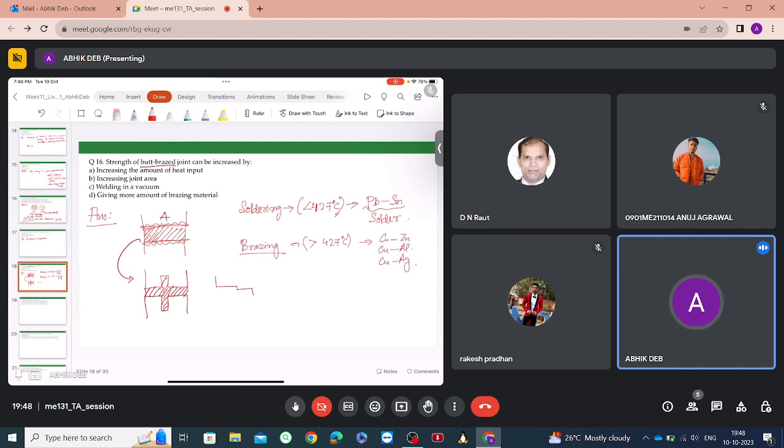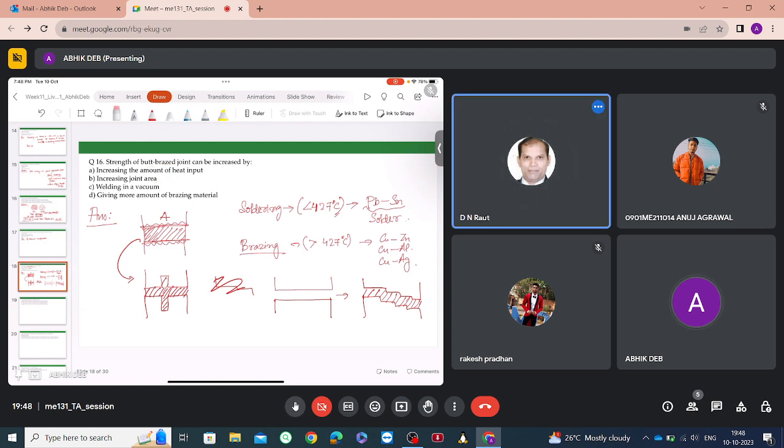Say there is a joining of these two. If we use pieces like this and pieces like this, then the area is increasing, right? That is how the strength of the joint can be increased, by increasing the joint area. Okay, is it clear to you? Yes, sir. Okay.